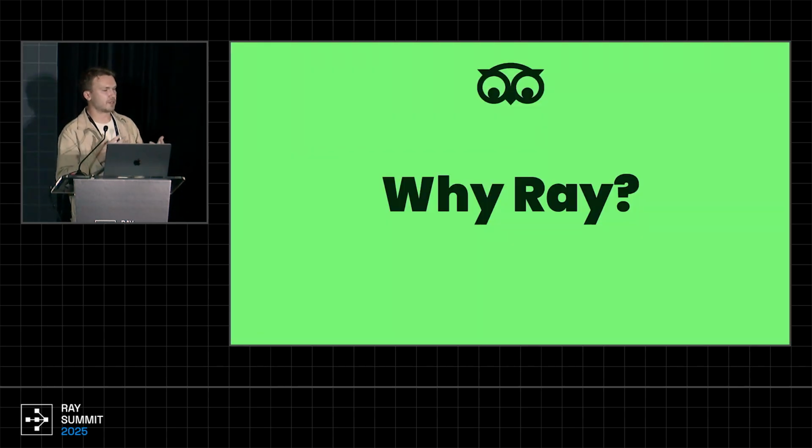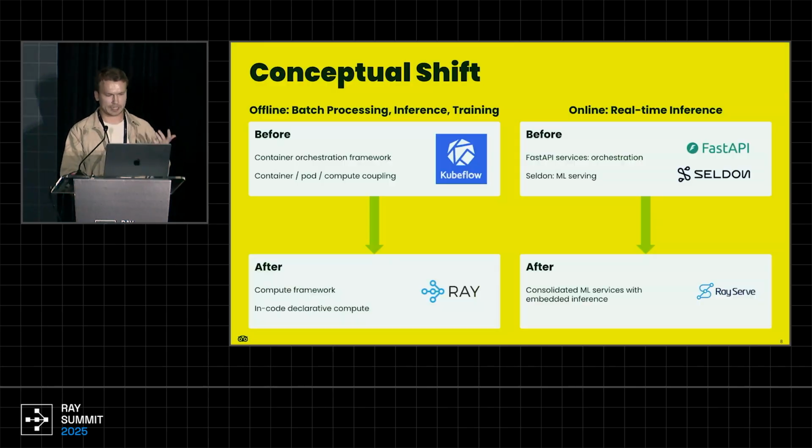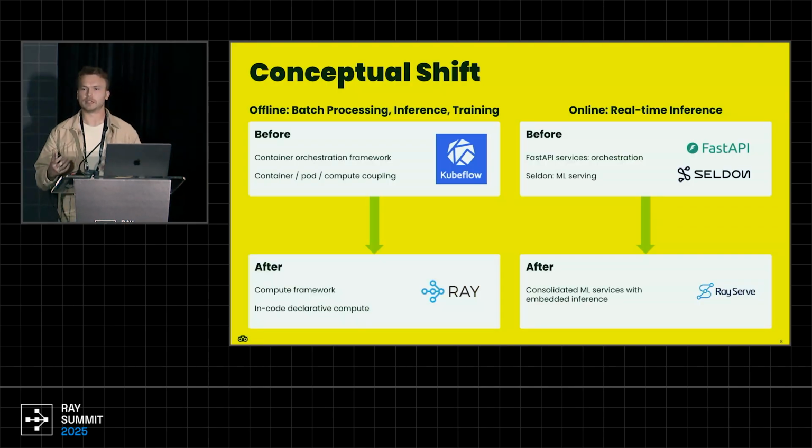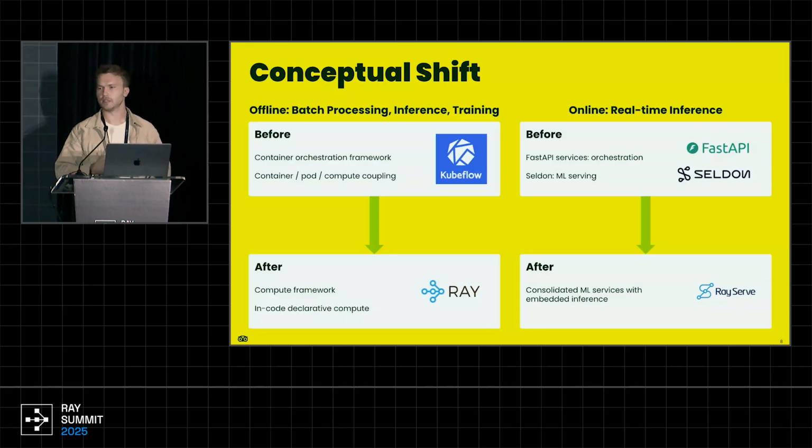So why invest more in Ray? I'd like to start by laying out the conceptual shift that Ray and its abstractions allow us to make versus our existing infrastructure. On the offline side of things, we see Ray jobs primarily as an alternative to Kubeflow pipelines, which is kind of interesting actually because Kubeflow pipelines and Ray jobs aren't quite the same category of infrastructure.